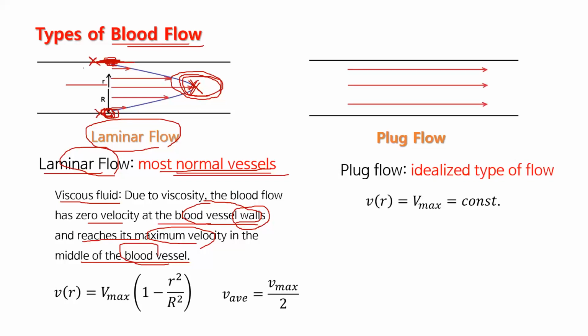So this distribution of the blood velocity can be expressed by this equation. Here the average is half of the maximum at the center of the blood vessel.